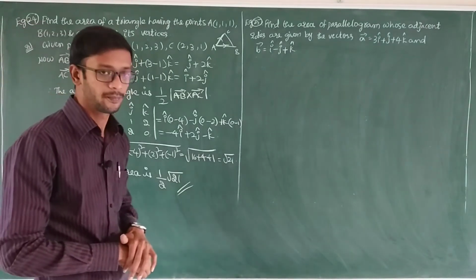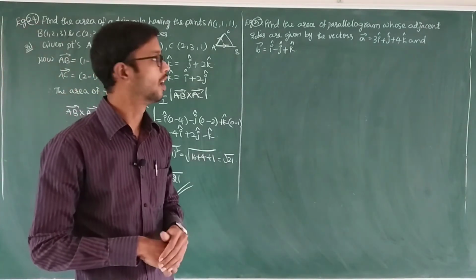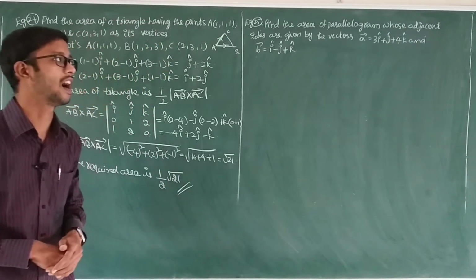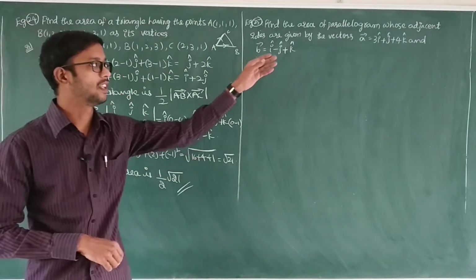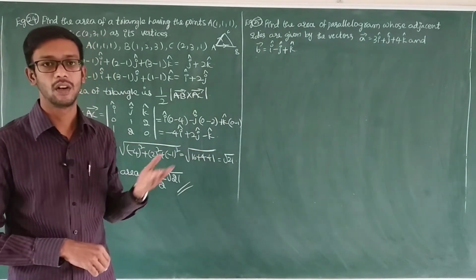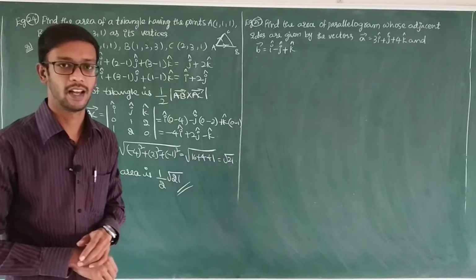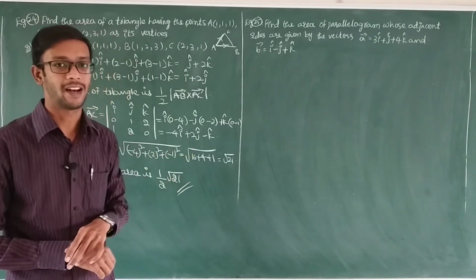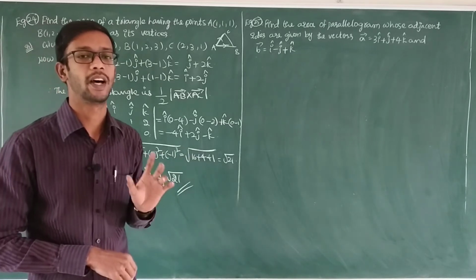Next, problem number 25. Find the area of the parallelogram whose adjacent sides are given by the vectors. Adjacent sides are given, so there is a direct formula. If two adjacent sides are known, the area of the parallelogram is the magnitude of A bar cross B bar.